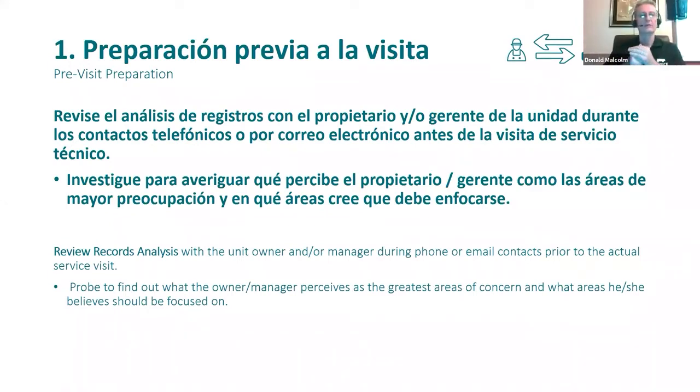You want to have contact with the unit owner and the manager to review the records analysis, either over the phone or via email, to get a better understanding of what the problems are at that particular farm. And then, as I mentioned, you want to probe to find out what's most important. What are the greatest areas of concern, and what areas he or she believes need to be focused on at their particular farm.